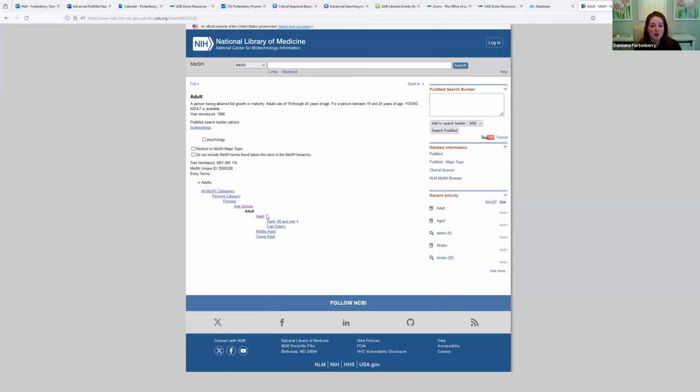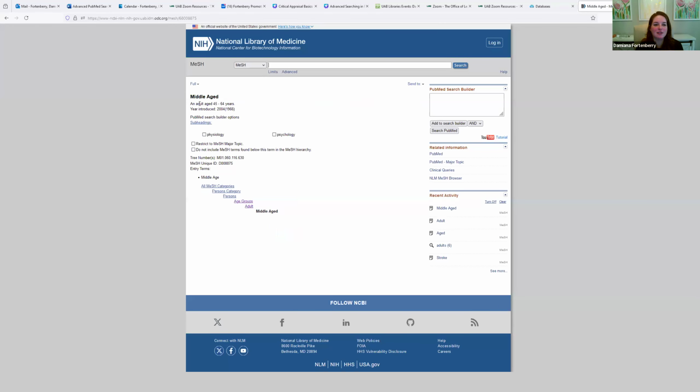If there's only adult or aged and neither of these things apply, you don't have to use it. If it's not going to work out, that's fine. But I also see this middle-aged. Aha. Aged between 45 and 64 years. Perfect. So because I just found this by looking through the MeSH tree terms, I'm going to decide that this is the best one for the concept that I'm looking at, which is adults over 50.